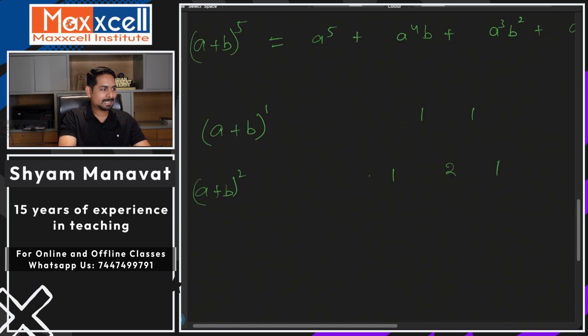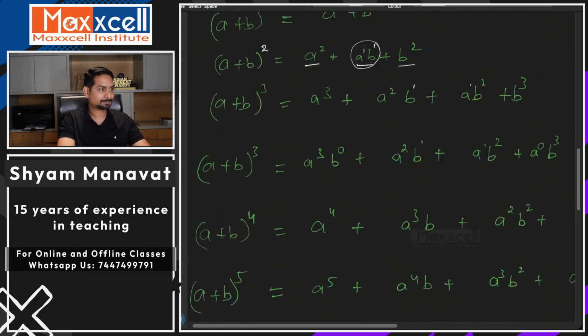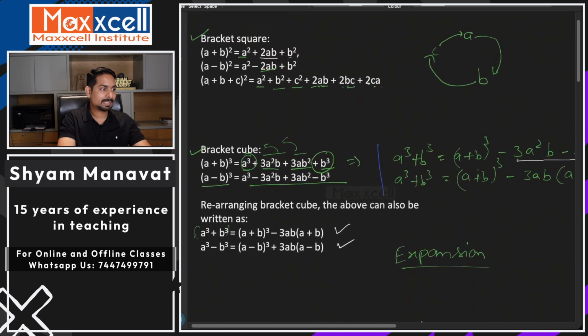Now if you remember a plus b cube, we had a cube, so no coefficient, so we can take 1, plus 3a square b, so the number was 3, plus 3ab square, so the number was 3, plus b cube, so the number was 1. Do you want to see that? For a cube the coefficient is 1.